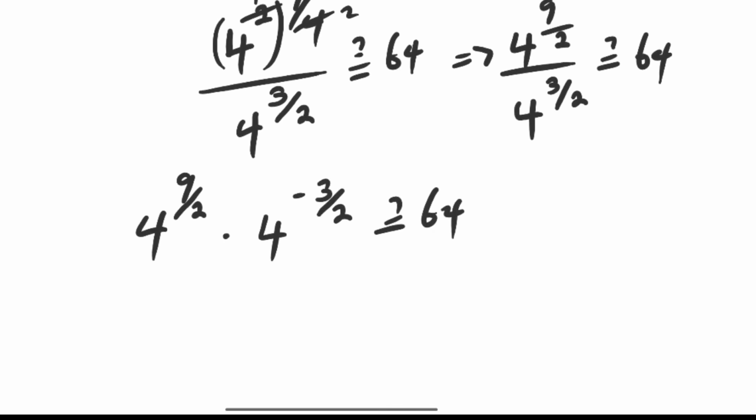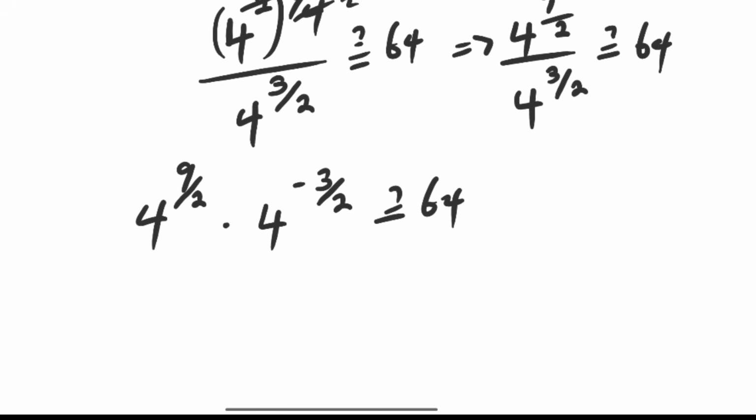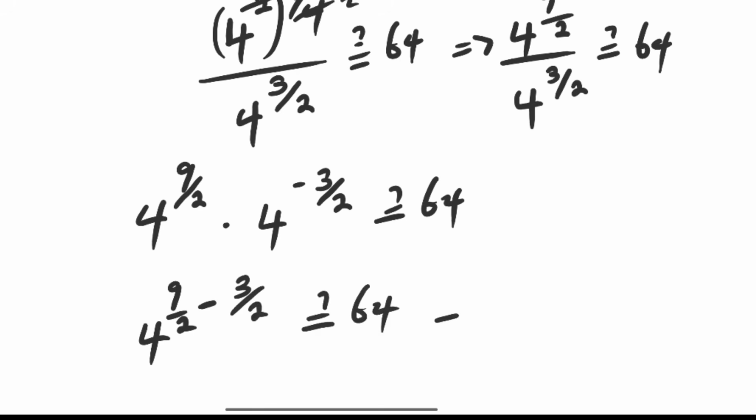And of course, this is 4 raised to power 9 over 2 minus 3 over 2 must be equal to 64. So this is same thing as 4 raised to power, the LCM is 2 here, then 9 minus 3 must be equal to 64.